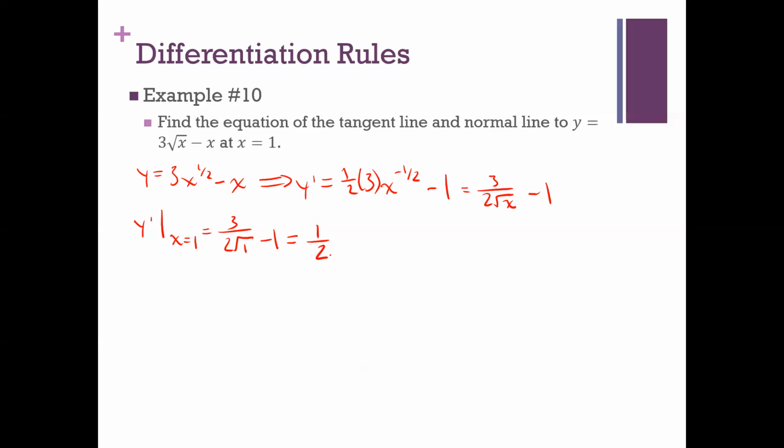So I'm trying to find the equation of the tangent line. What information did that just get me? It gives me the slope, right? So this is equal to m. Do I have enough information now to find the equation of the tangent line?